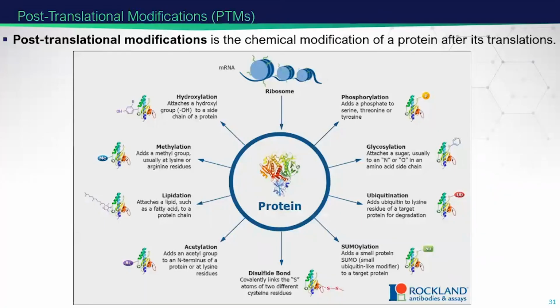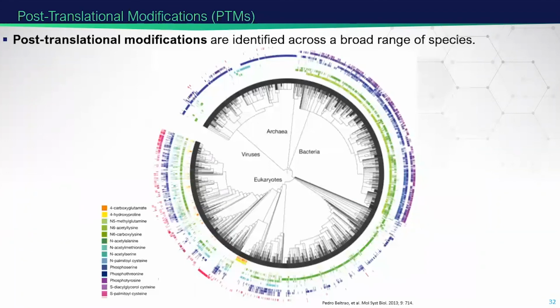Now we are going to discuss a little bit how we study post-translational modifications using mass spectrometry-based proteomics. There are many types of post-translational modifications, which can happen in the system as listed here, and they can also happen at different levels in various species.